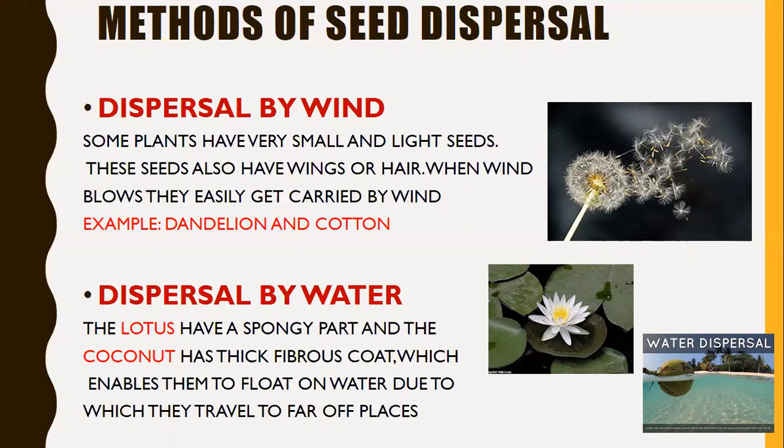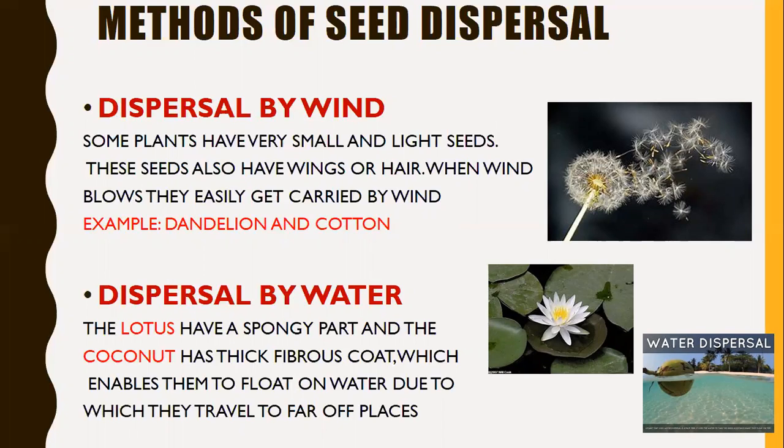Next is dispersal by water. Fruits of certain plants are carried by water. You can take example of lotus and coconut. The lotus has spongy, light fruit that helps it to float away from the parent plant, while coconut has thick, fibrous coat which helps it to be carried away.